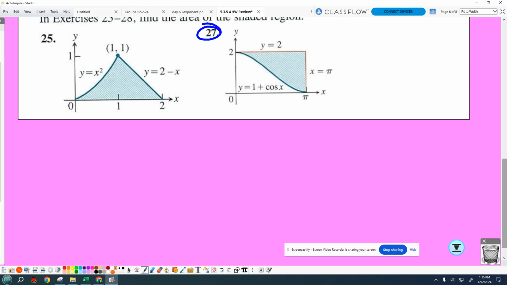Wait, I think I did this for this one. What is it? I agree, I don't have to write it down. X plus sin x. Actually, I do. Pi plus sin pi.